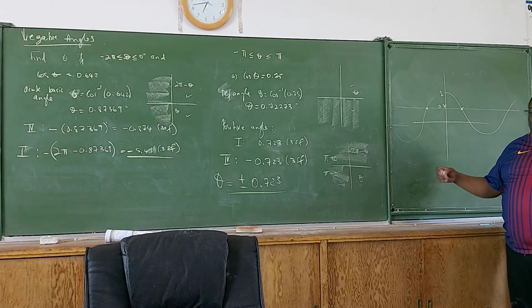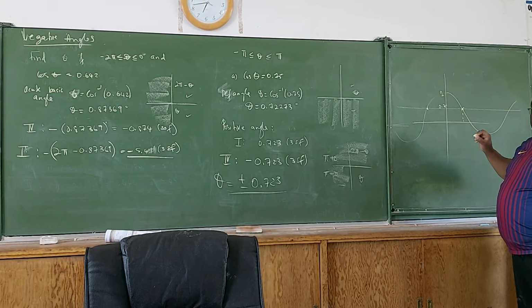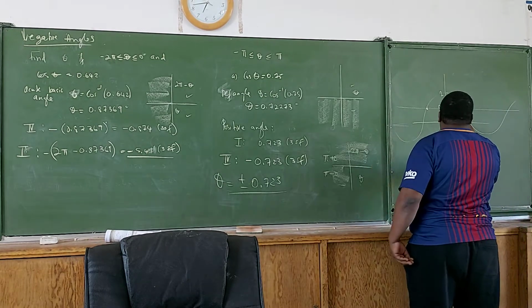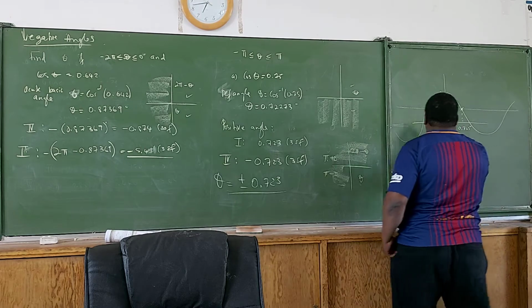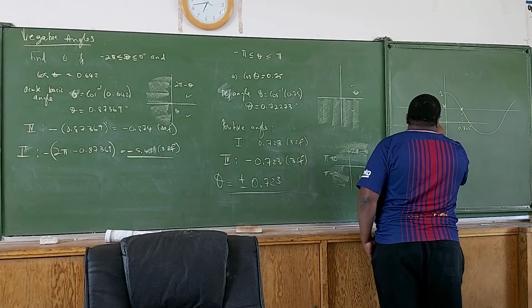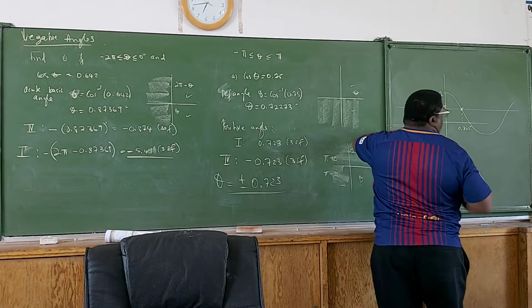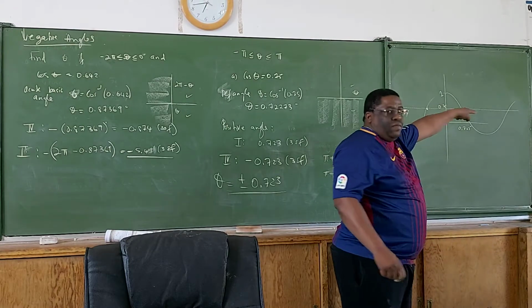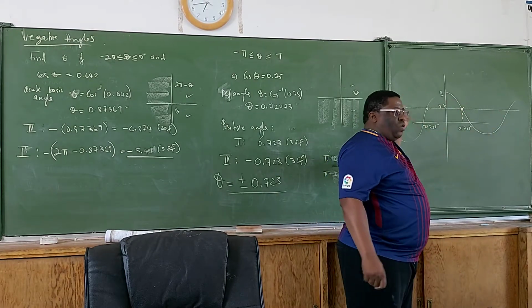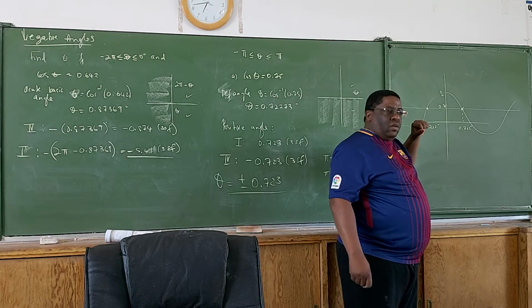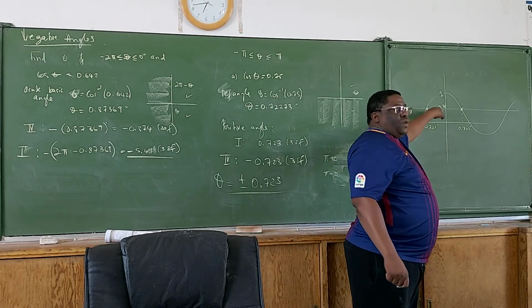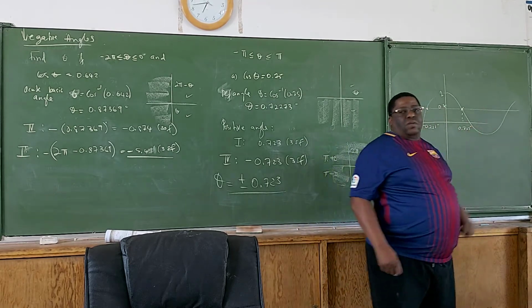These are the solutions I'm talking about. So whatever that angle is, this angle here, 0.723 radians, is going to be the same as negative 0.723 radians. You still get the same positive ratio. You get it? So that negative angle gives you the same ratio as that positive angle gives you.